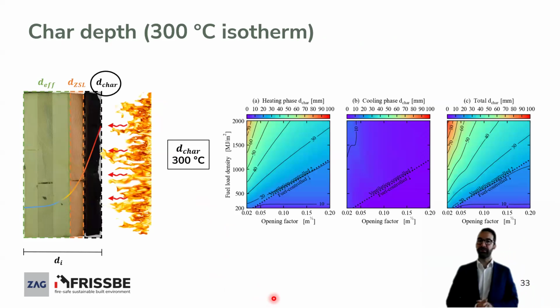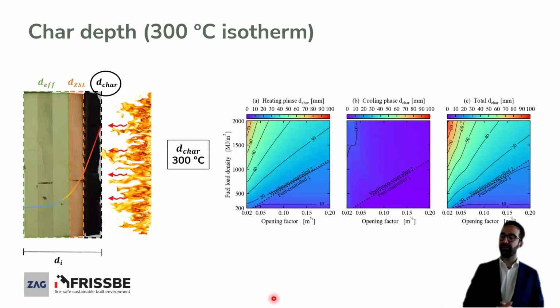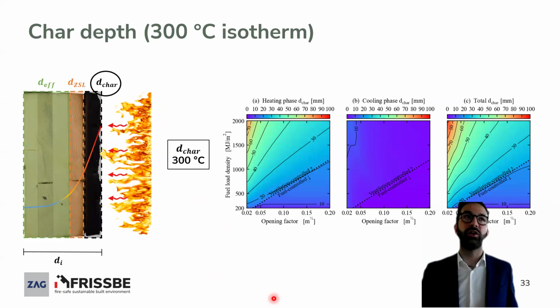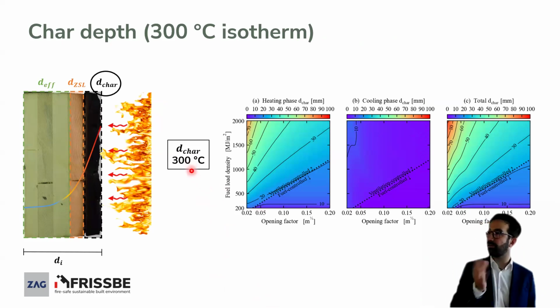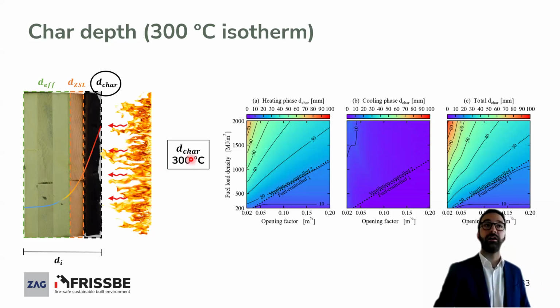So if you start looking at our timber element and how the different contributions to the char depth and effective char depth behave in time, in the D char, the thickness of the char, which was assumed as the penetration of the 300 degrees isotherm, you see on the plot the contribution of the heating phase, the cooling phase, and the total char depth.